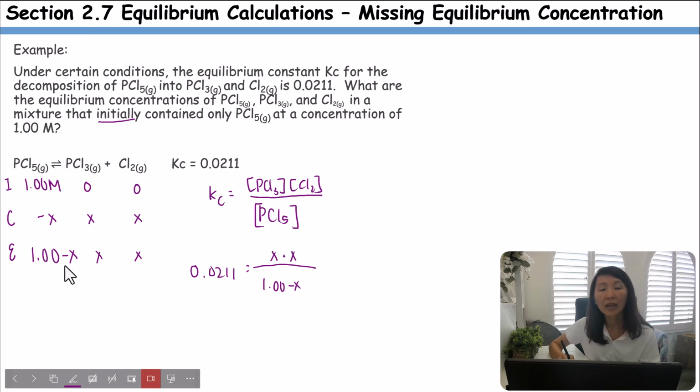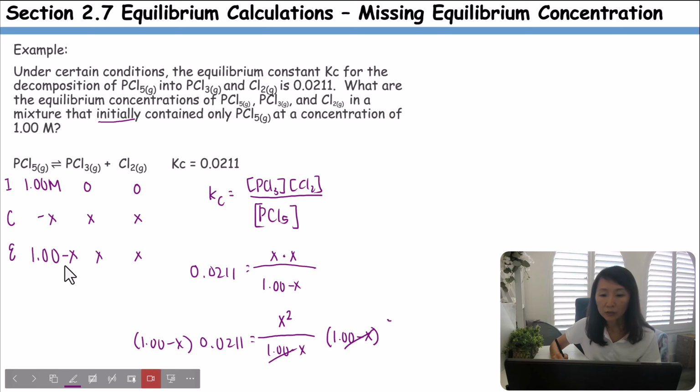I'm going to simplify this a bit by clearing the fraction. X squared is equal to 0.0211, and we have 1.00 minus X on the bottom. I want to get rid of the denominator, so I'll multiply both sides by it.